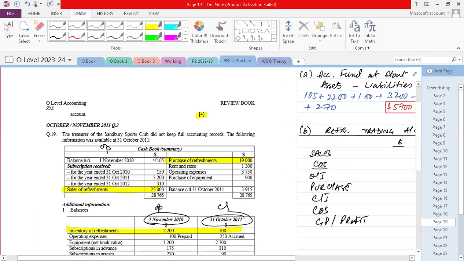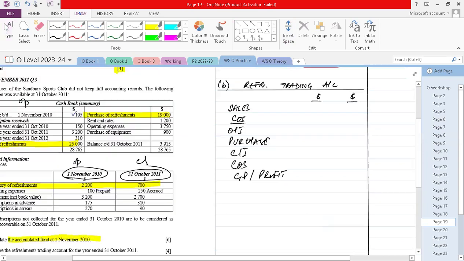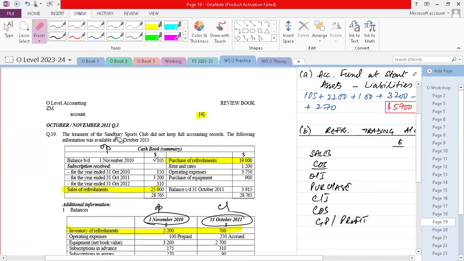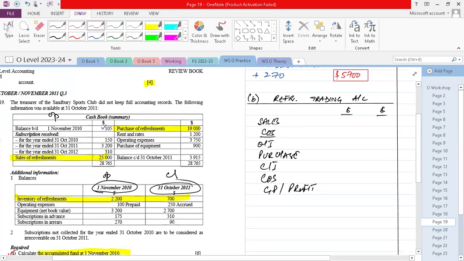So now I'm going to put the values one by one. Sales 25,000, purchases 19,000, opening inventory 2,200, closing 700.